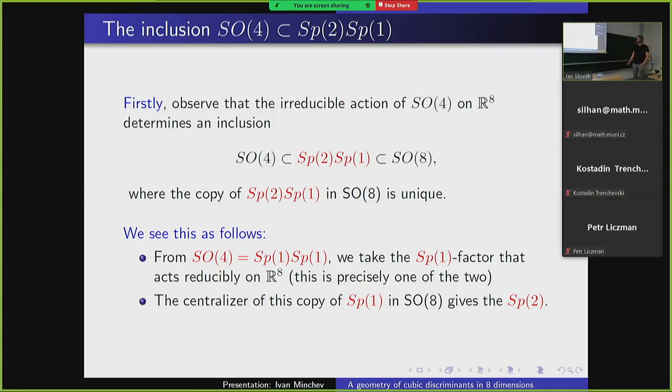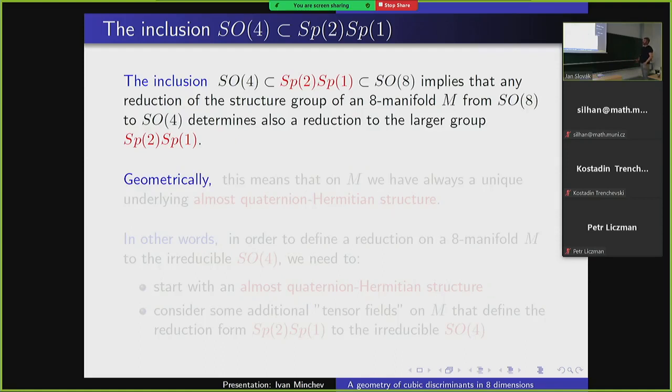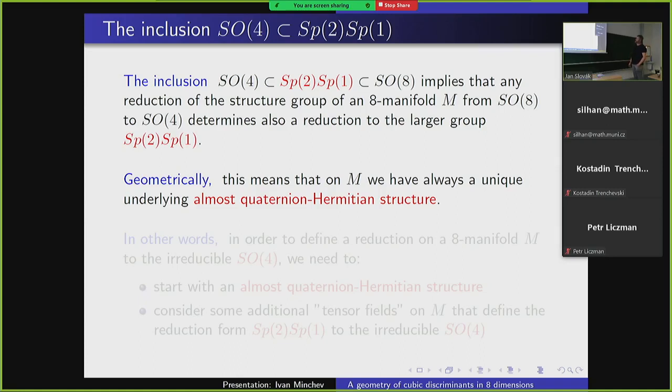What does this mean geometrically? When we consider a manifold with a reduction of the structure group to SO(4), then we always have an underlying reduction to the larger group Sp(2)·Sp(1).